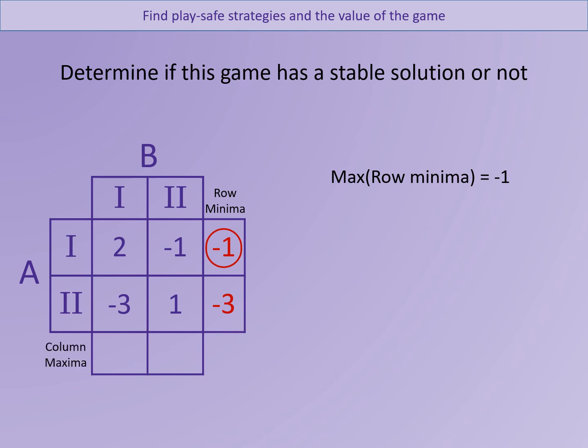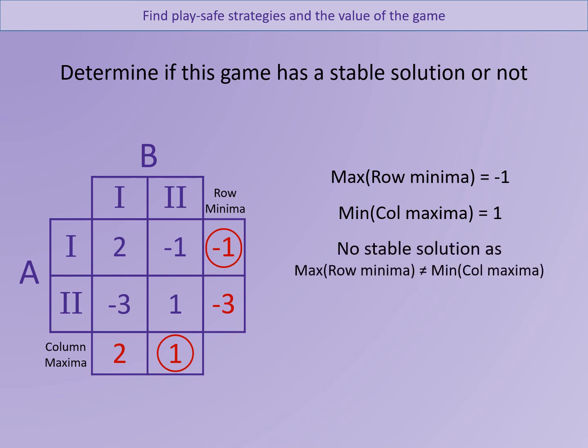I'm now going to find the column maxima, so the worst case scenarios for player B. The maximum in column 1 is 2, the maximum in column 2 is 1. We now want the minimum of these. The minimum of the column maxima is 1, and because these values are not equal, we can conclude that there is no stable solution for this game.